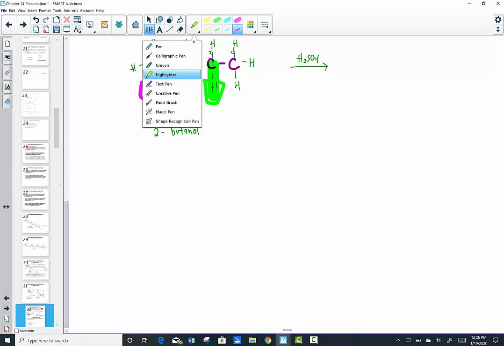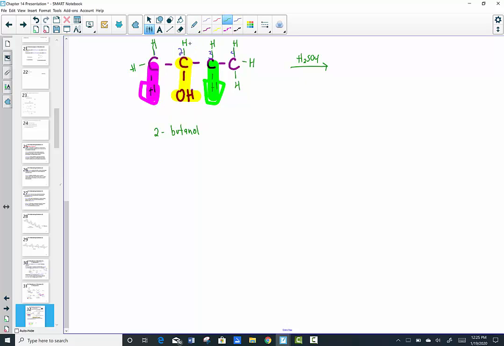So what will we make? Well, let's first do the bright pink one. 4 carbons in a row, and I'm going to eliminate the HOH, and the double bond then would form between carbon 1 and carbon 2. This is the elimination from hydrogen on carbon 1.